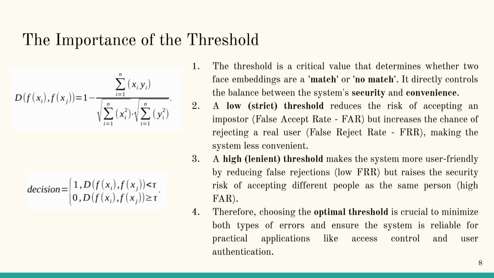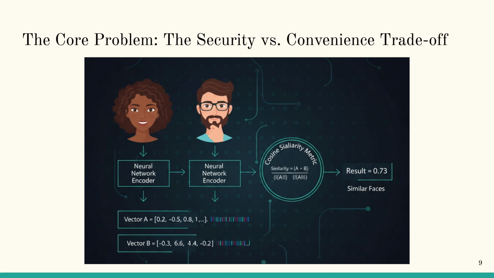A low threshold means too strict face recognition. Slight changes lead to recognizing as a different person. A high threshold means too loose face recognition, where even different faces are recognized as the same person, which is depicted on this slide.